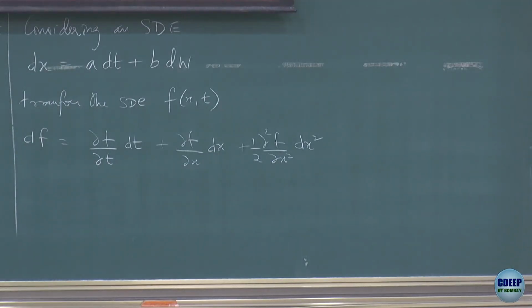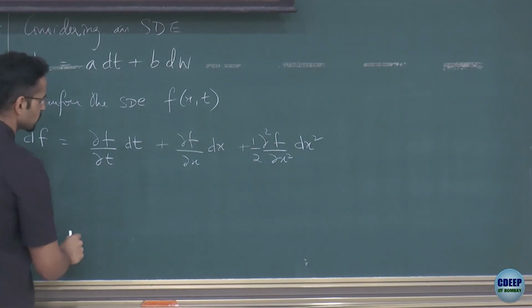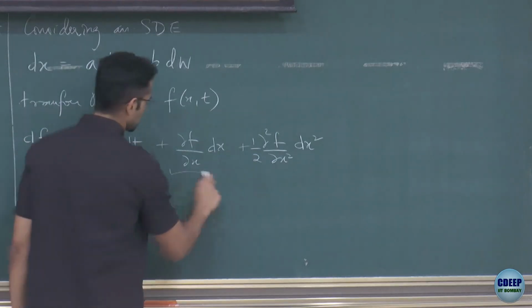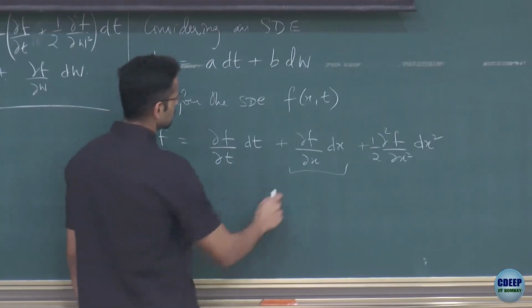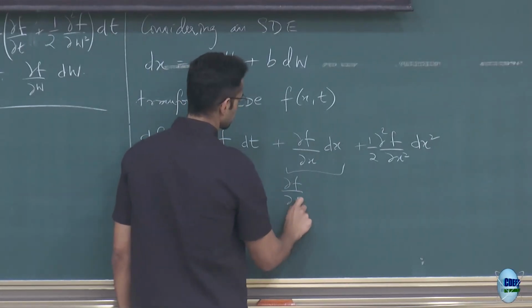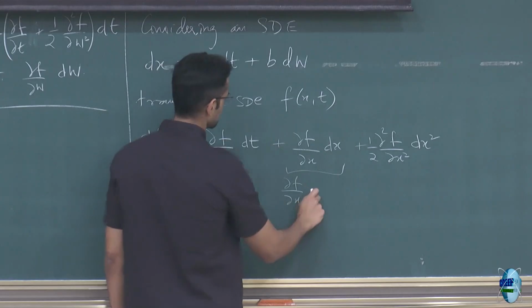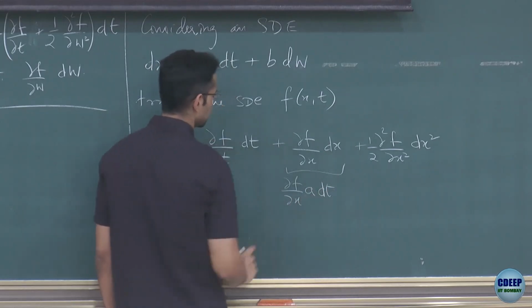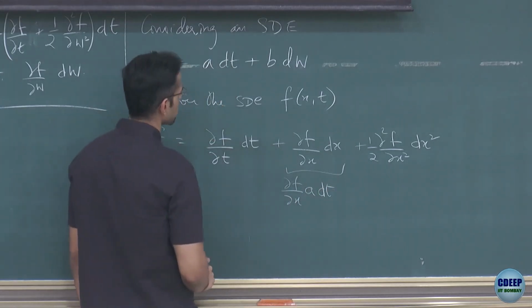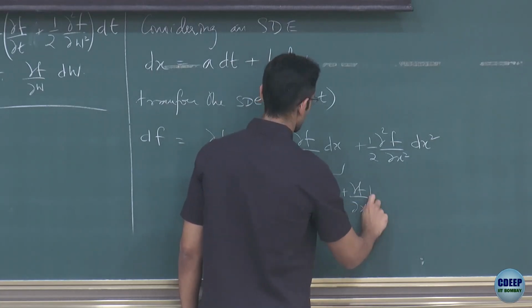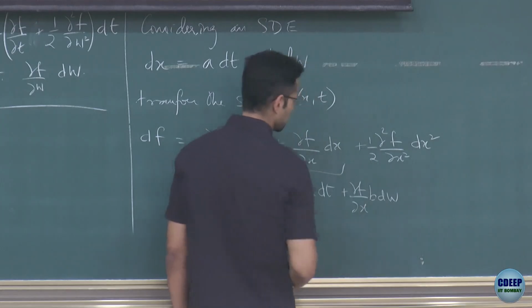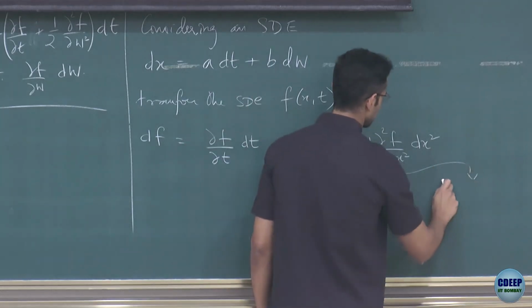Okay, and now you can go ahead and substitute. So this term will give me dou f by dou x times a dt, and what will this term give me?